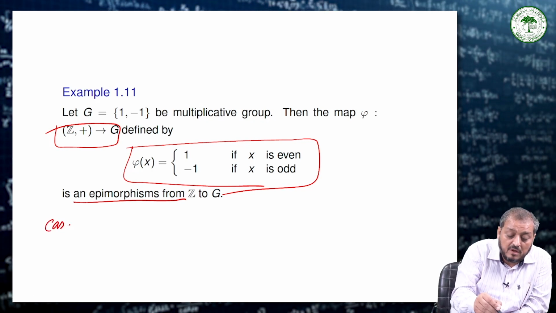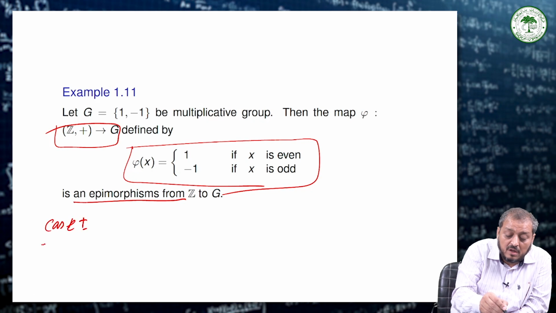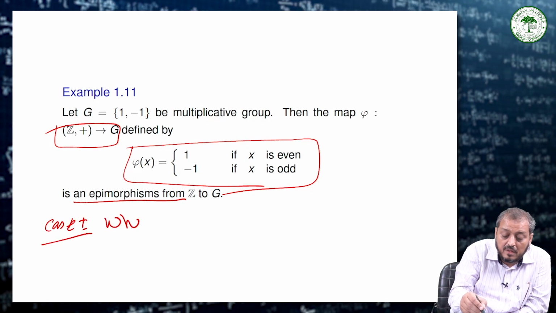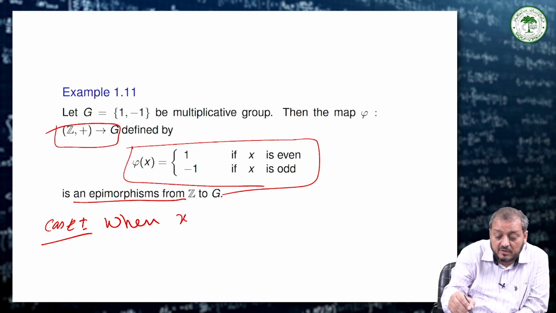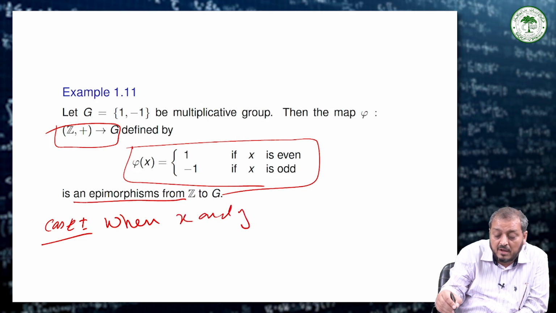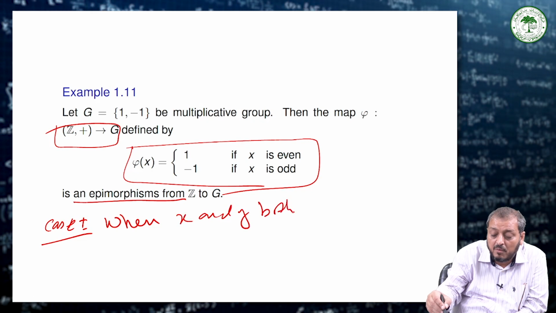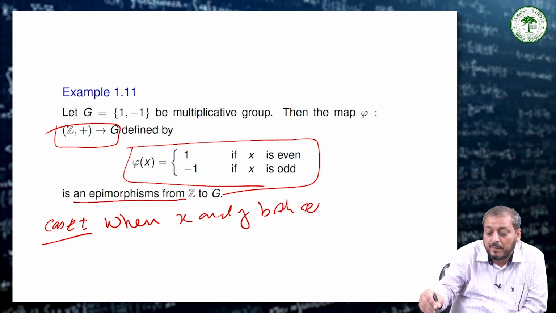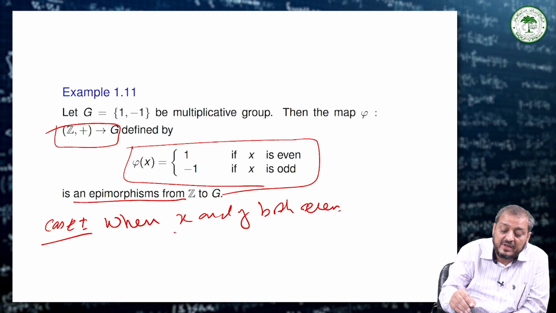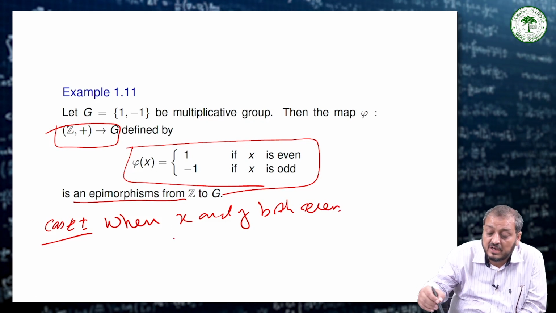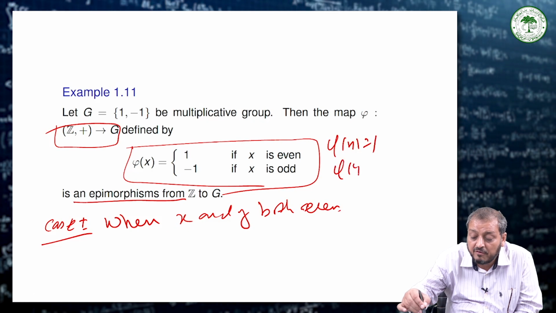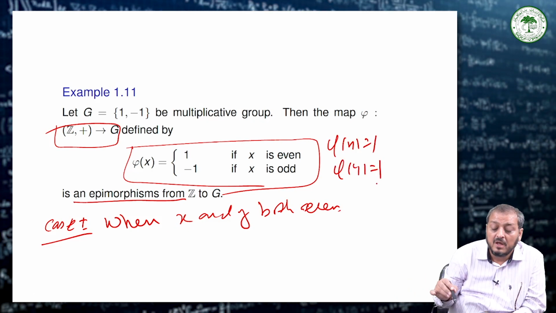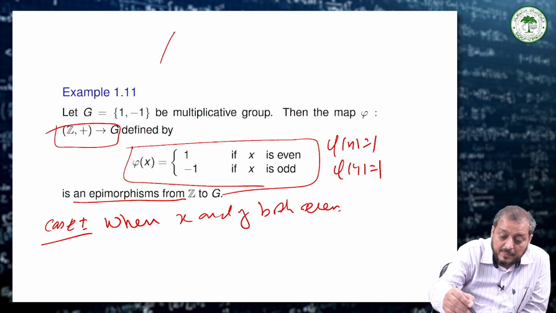Case 1: we take two elements x and y, both even. Then if both are even, phi of x is equal to 1 and phi of y is equal to 1.